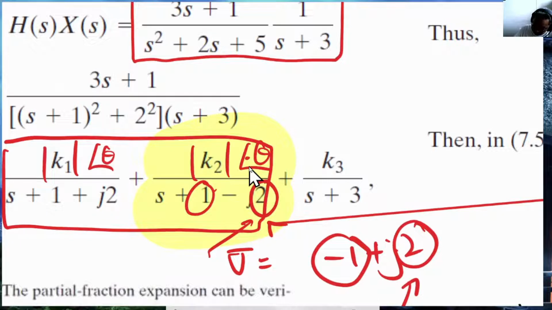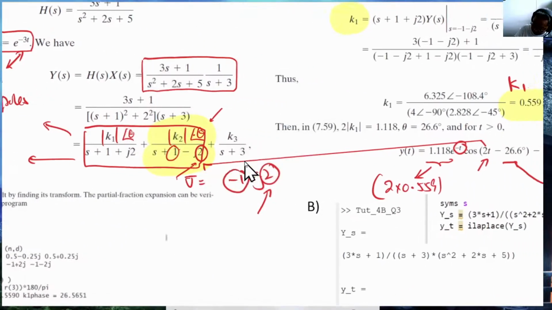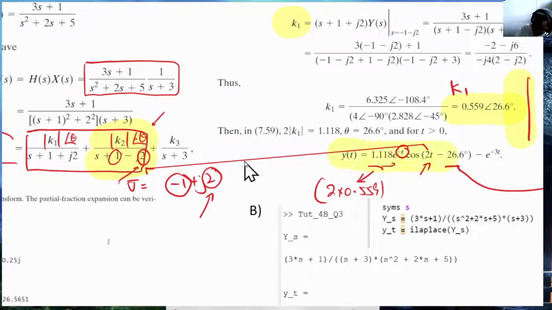But because we know which one to take, if you take the wrong one, then the phase will be wrong, it will be the conjugate of it. So we have identified that this is minus 1 plus j2. So this is the positive frequency. We will take the corresponding value of phase here to substitute into this expression on the right hand side.